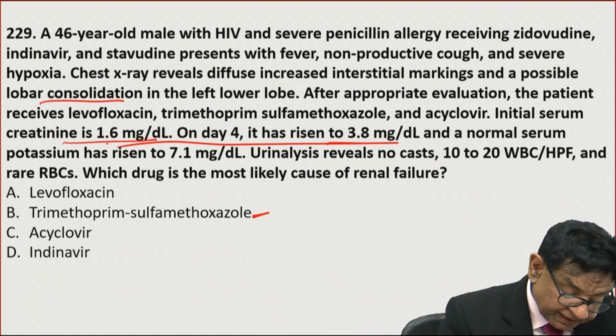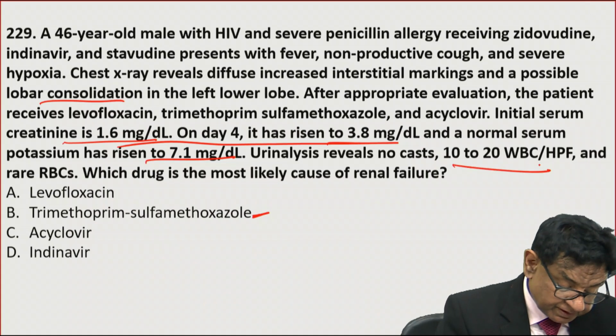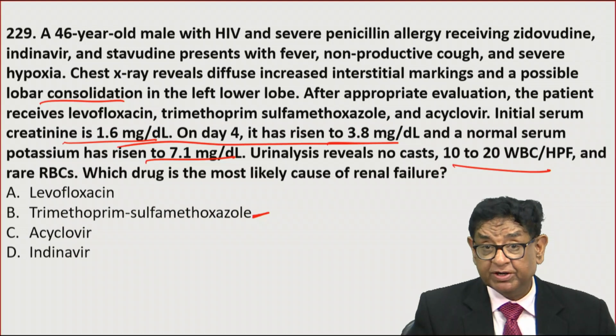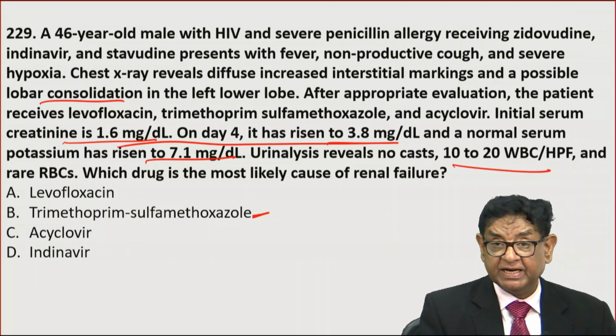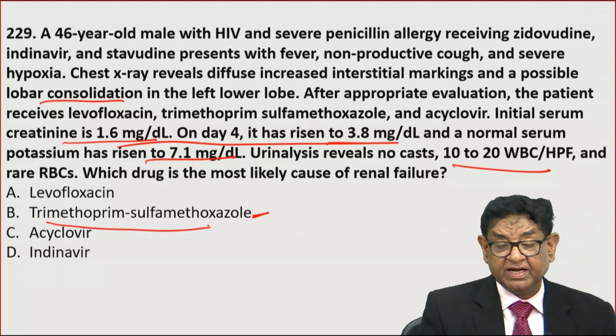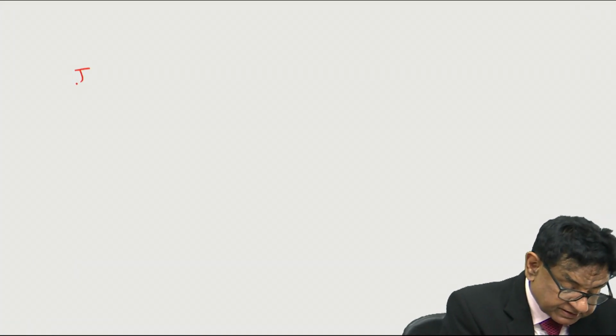Even potassium has gone very high. WBCs are there, right? The patient has gone into renal failure. His creatinine is high, potassium is high. This is drug induced, and sulfa drugs are notorious for causing interstitial nephritis.